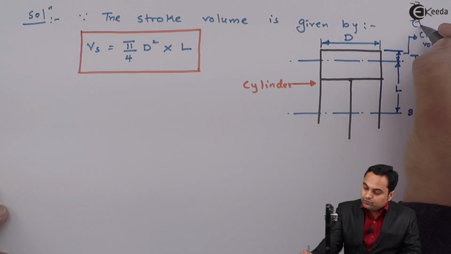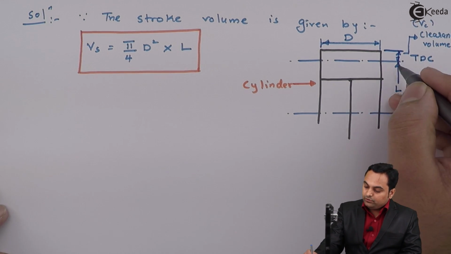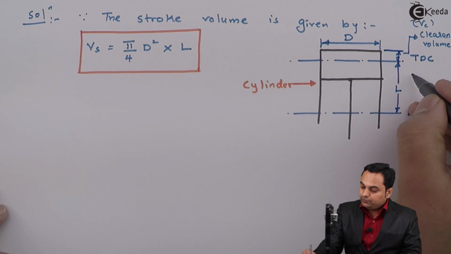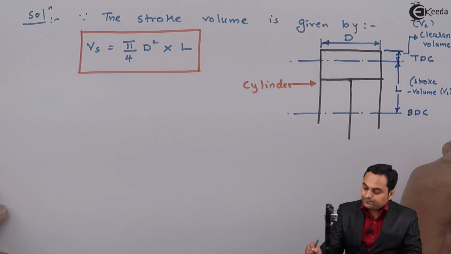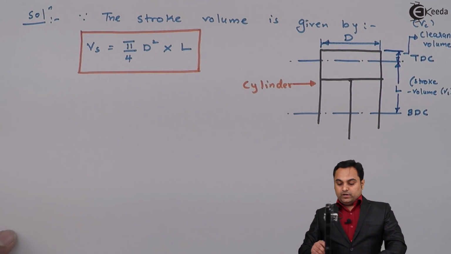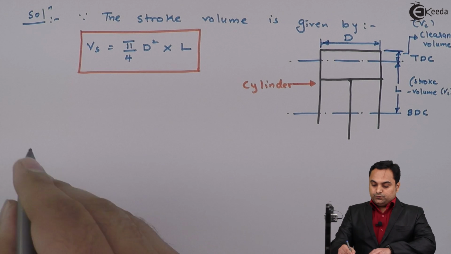This clearance volume is V suffix C, and from TDC to BDC, the volume we get would be called the stroke volume, denoted by V suffix S. Now I am going to calculate this stroke volume.